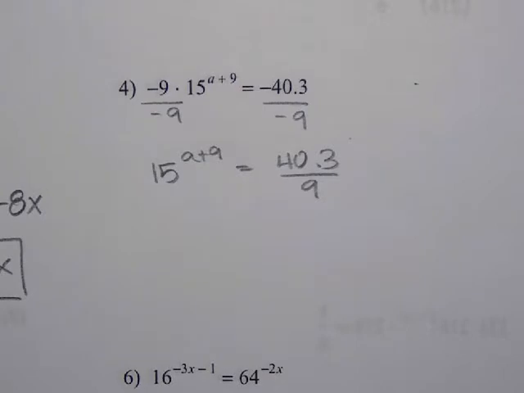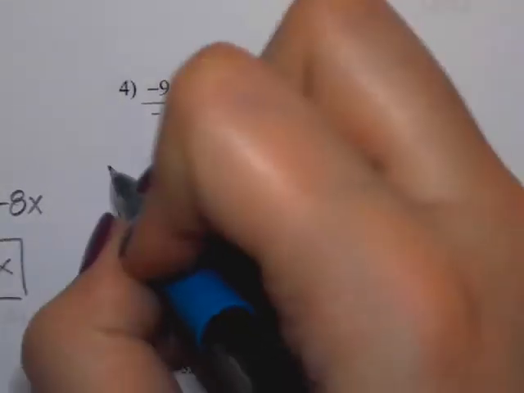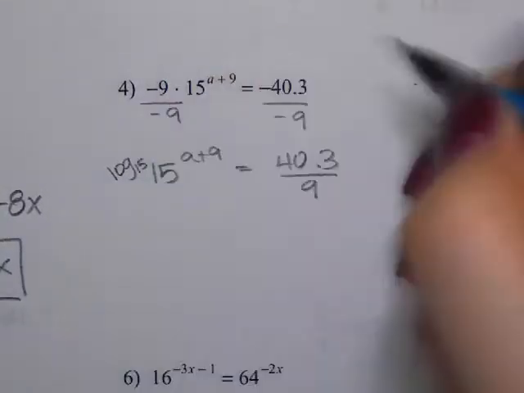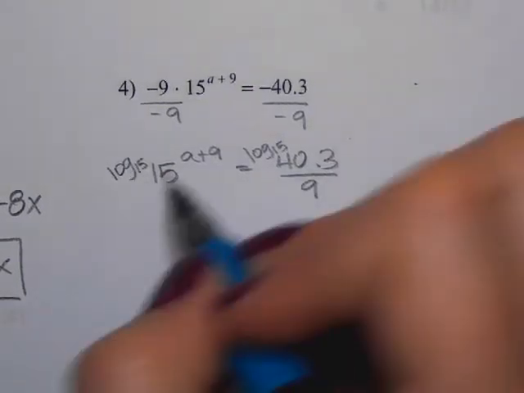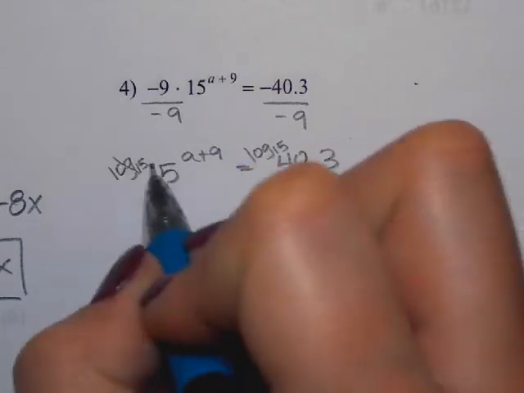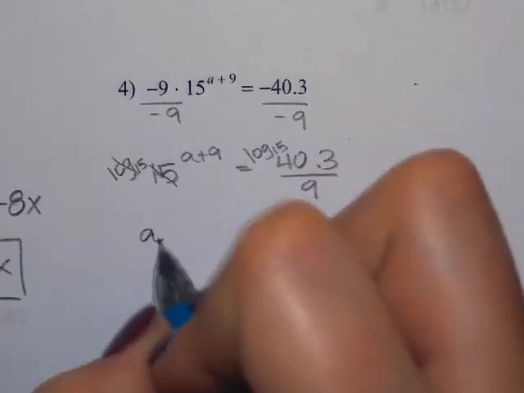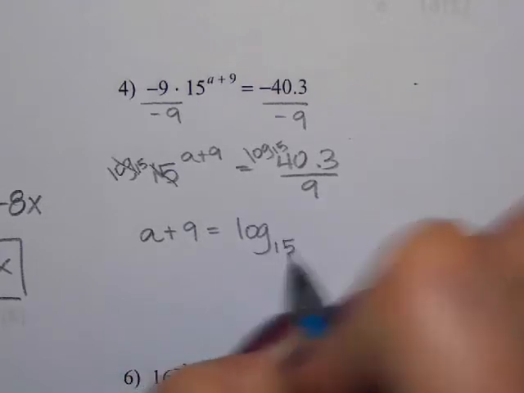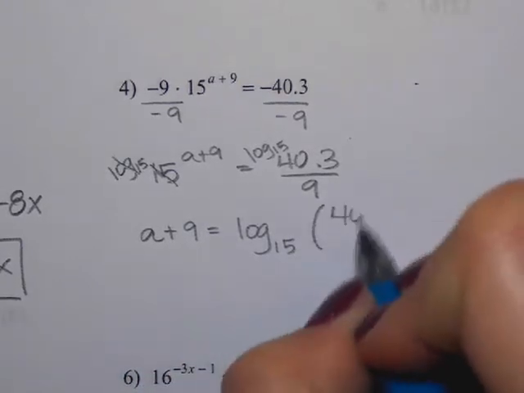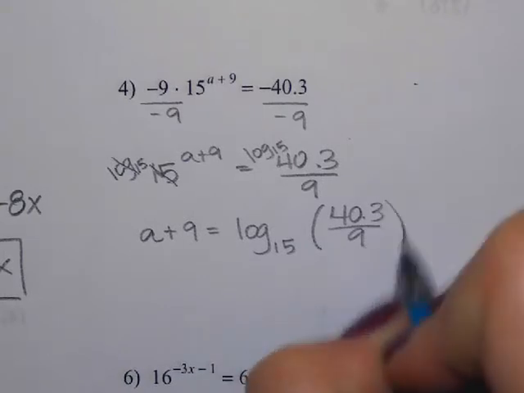How do I get rid of that 15? Log base 15. So the log base 15 and the base of 15 cancel. And I get A plus 9 equals log base 15 of 40.3 divided by 9.